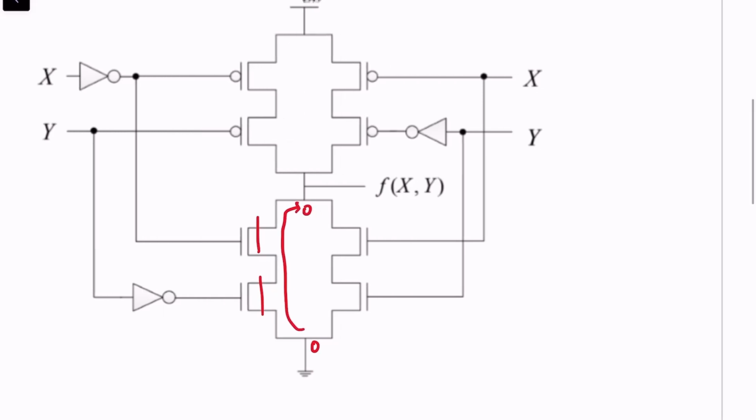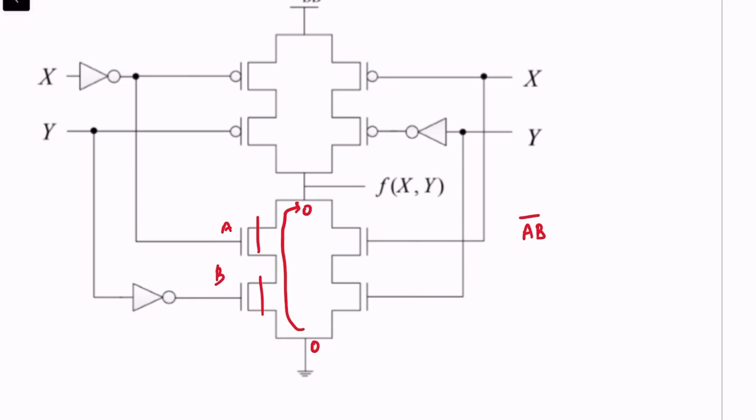So therefore every series of transistors in the N stack will, let's say they have input A and B, lead to an equation of the type AB the whole bar.